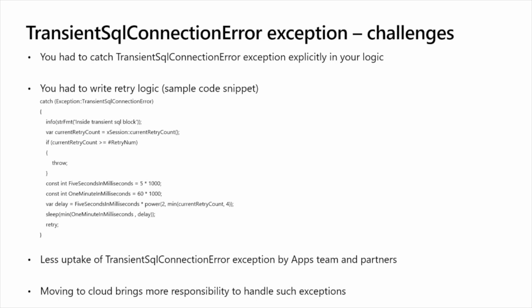And there could be a valid reason behind it, because if you want to use this exception in your code to handle any SQL transient failures, you need to put in your own logic to catch that exception, and then your own logic for the sleep, how long you want to retry, and how many times you want to retry. Maybe that's one of the reasons adoption is not as high as we were thinking, and that's where we get complaints like, hey, my batch job is in error state and it's not finishing, and some of the batch jobs are time sensitive and need to finish within a time period.